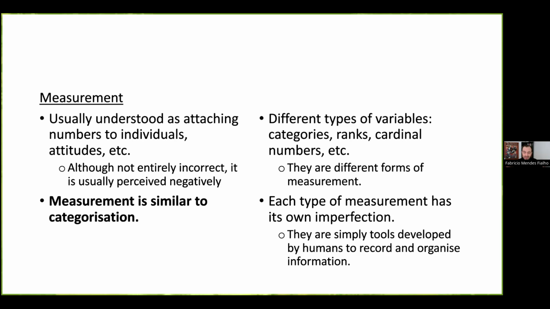But as I mentioned, there are different ways to measure, using numbers or not, and different ways to measure phenomena. Each one has its own imperfections and limitations. But once again, there's nothing so special about measurement. It's just, again, a way for us to organize our thoughts and organize information, okay?